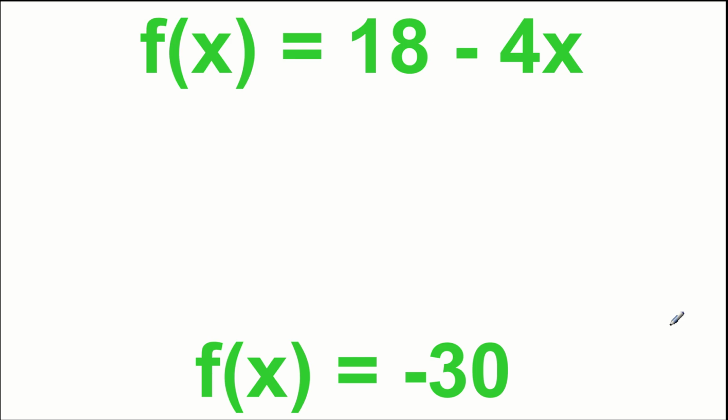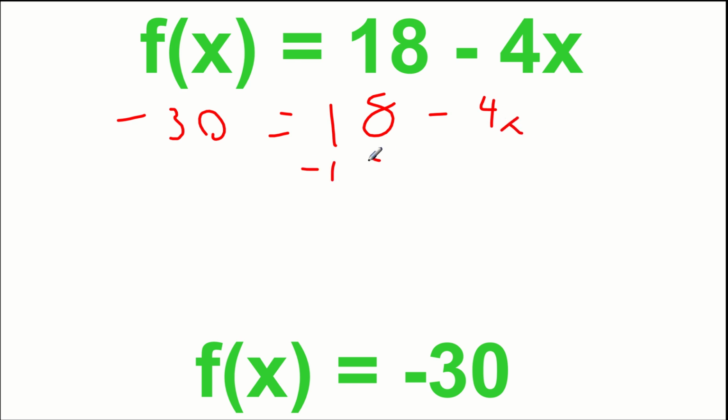Robert? Sari? Positive 12. All right, so we got negative 30 equals 18 minus 4x.